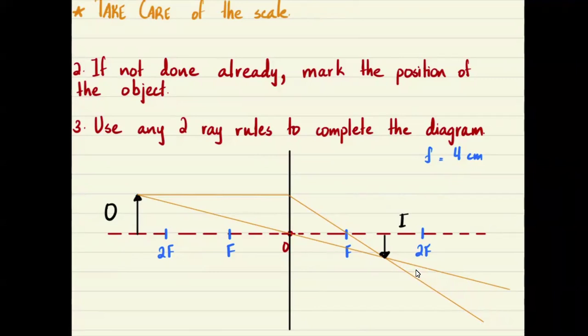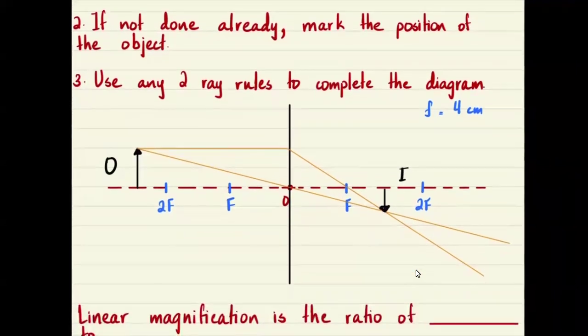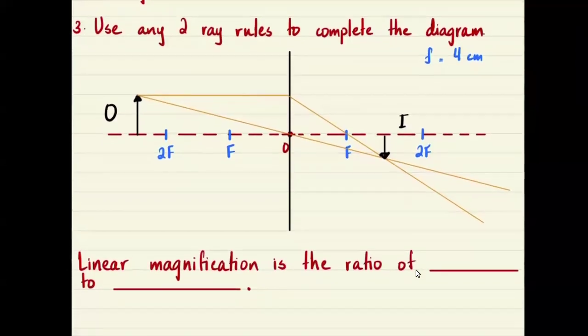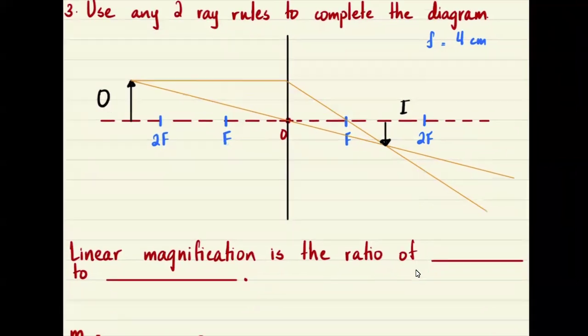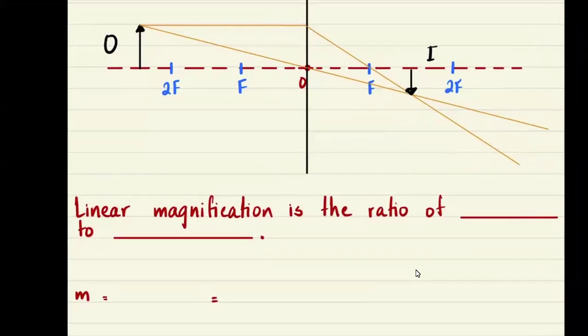Then most of the time the examiner will also go forward and ask something else from you, such as the linear magnification. So how do we define the linear magnification? It's basically just a measure of how big your image is as compared to your object. So it's a ratio of image height to object height.